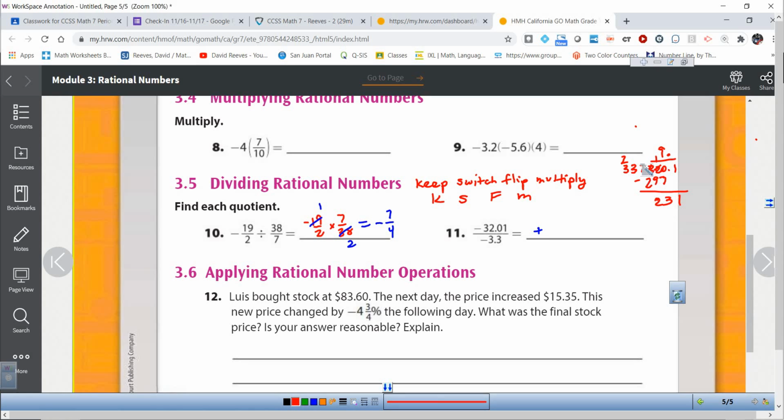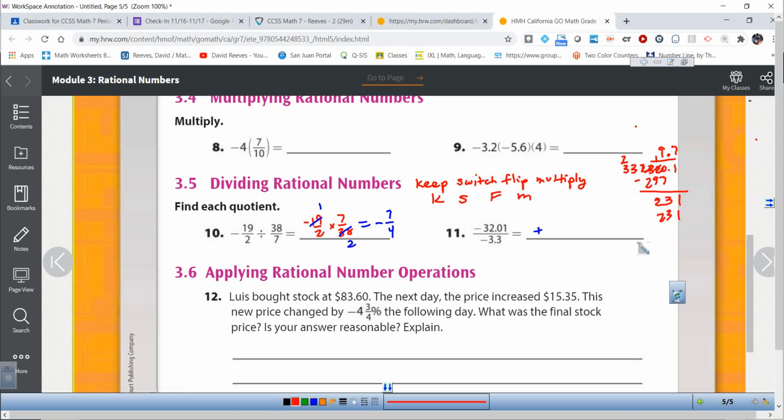So we are doing 33 into 231. Well, again, 33 times 10 would be 330. 3 times 8 is 24. How about we try 7? 7 times 3 is 21, carry the 2.